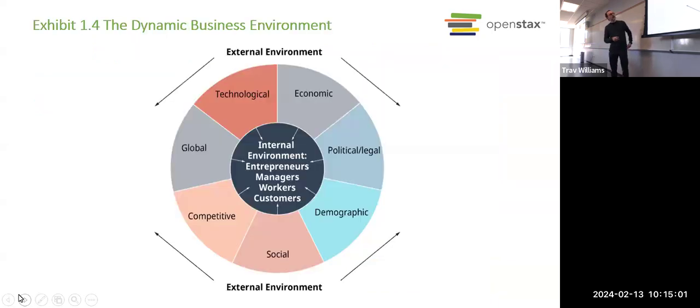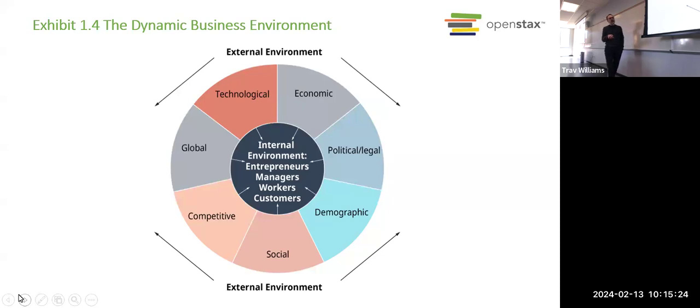Okay, let's move on. So as I mentioned, we will look at both the internal and external environments of businesses. Businesses are started by entrepreneurs. They are run by managers and have workers as well, right? So those are the employees inside the company.